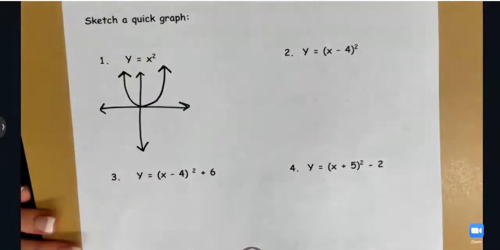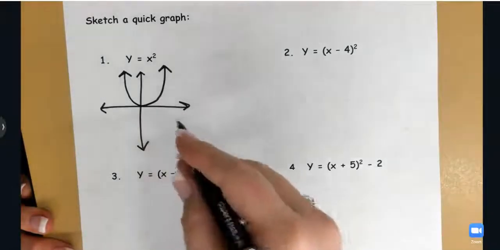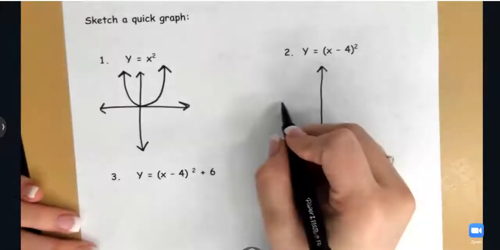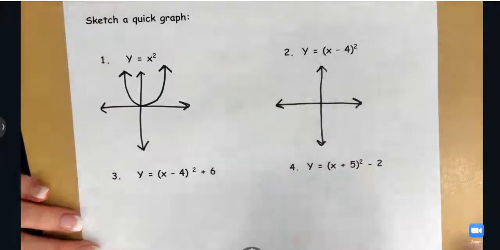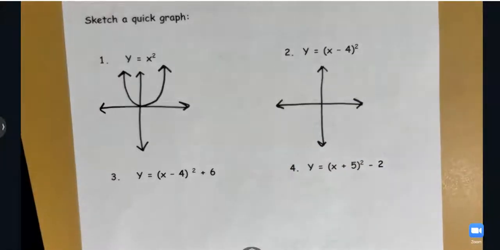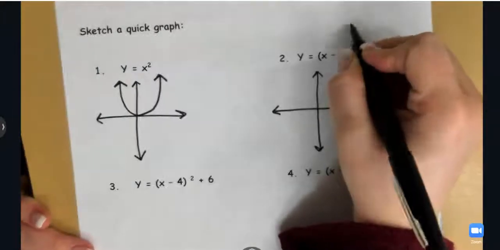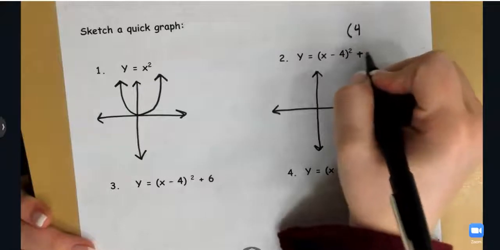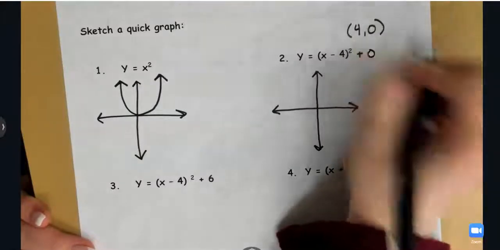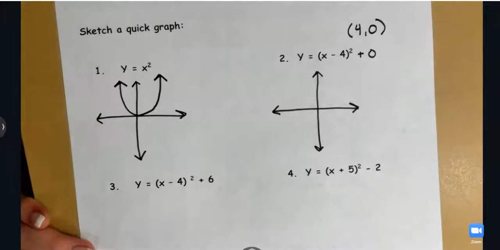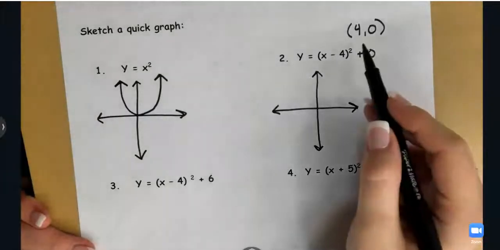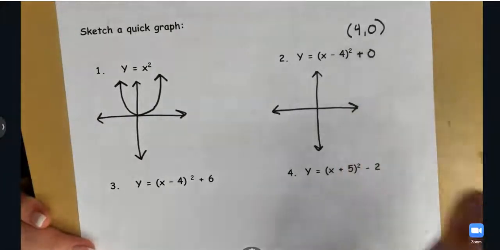So we are going to use that starting point to then use what we now know about parabolas to sketch these transformed parabolas with equations in vertex form. So starting with number 2 here, our h is 4, and because we don't have a number out here, we can assume that k is 0. So that tells us that our vertex is going to be (4, 0), and it's open upward.